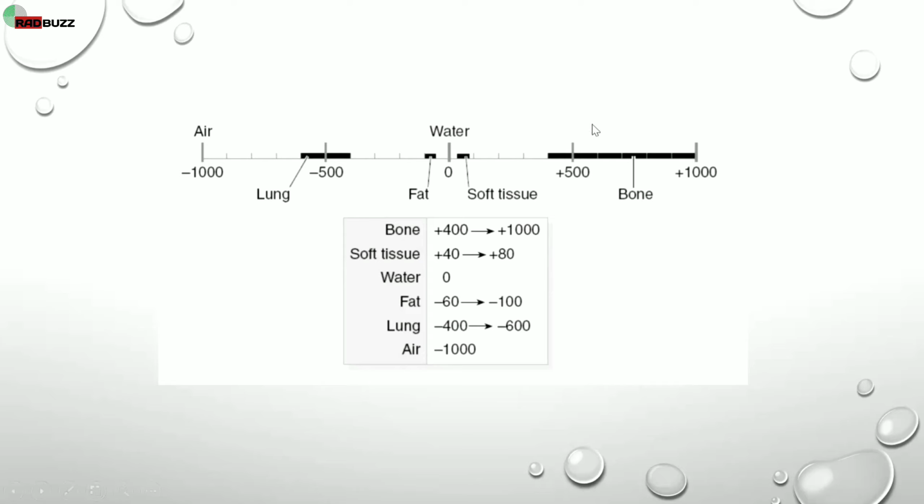If there are structures which are more dense, like bone, the density of bone is more than water. So water is less dense, and that will go in the plus values. So bone has a density of 500 to 1000. Soft tissue will have a density a little bit more than water. Similarly, blood has a different one.